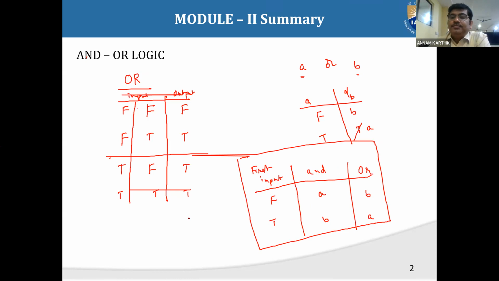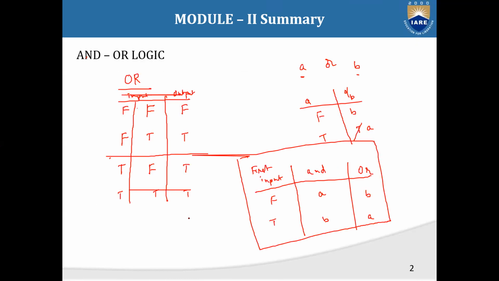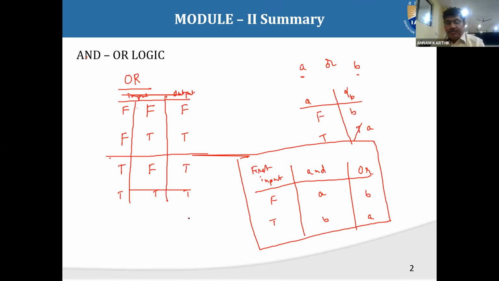Shall I move to the next one? One minute, make a note of this table. Everyone followed this logic? If you have not followed, once again I'll repeat. If you have followed, we'll move to the next topic.